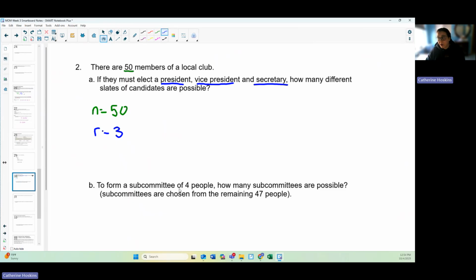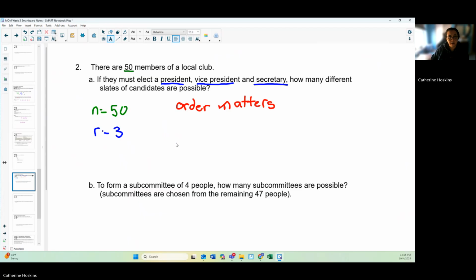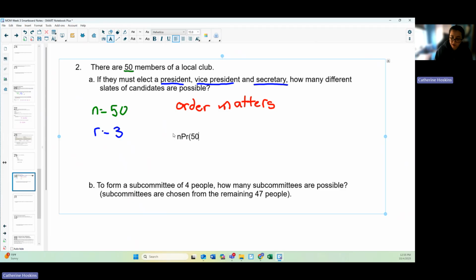So then the last step is figuring out if order matters, or if being president is different than being secretary, if you'd rather be picked first versus second versus third. And in this case, yes, order matters. Because order matters, we're going to use a permutation. So we're going to say in Desmos, NPR, parentheses, 50, comma, 3.